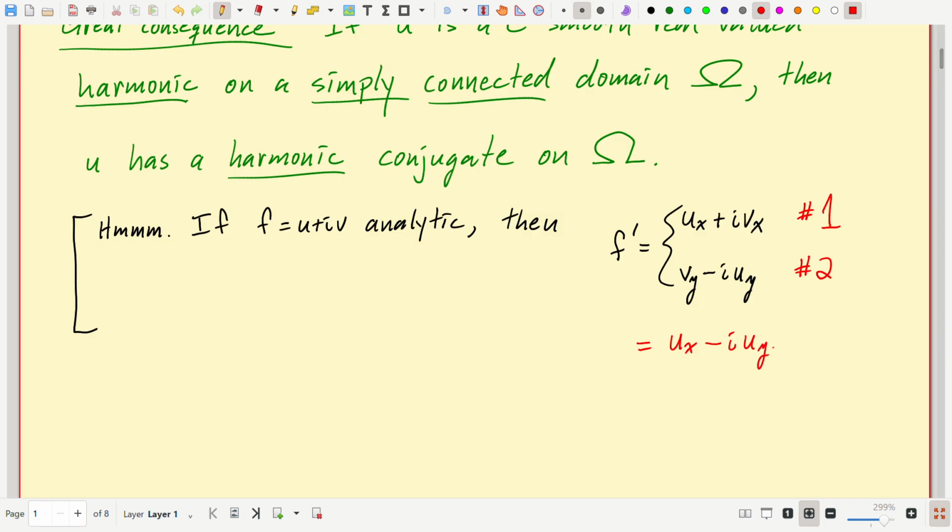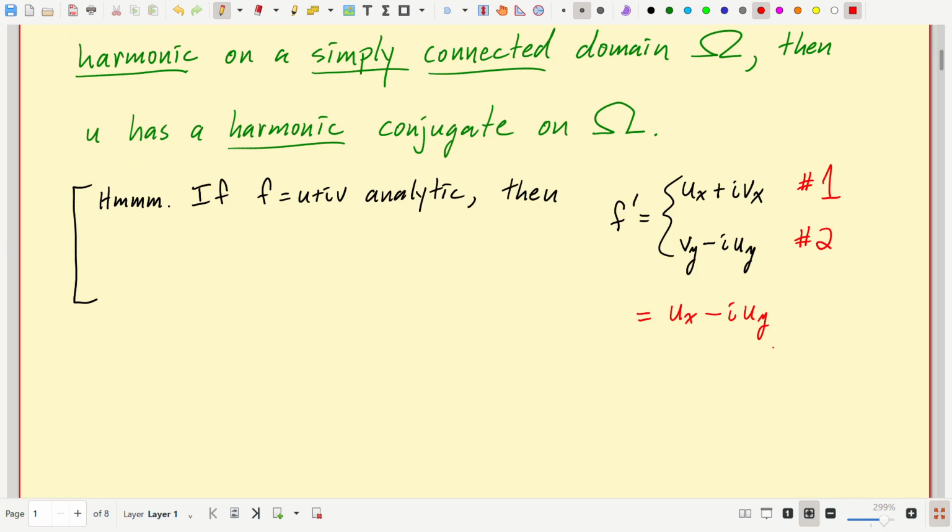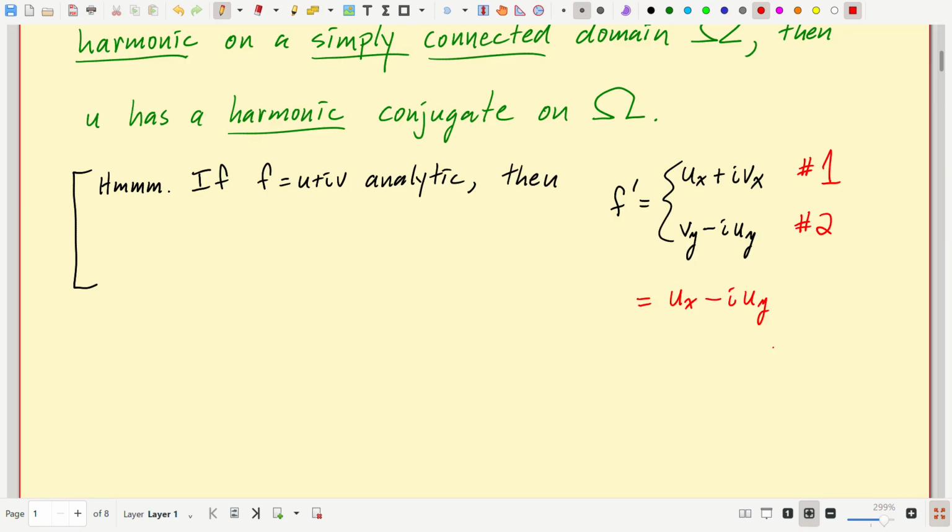So I'm using the top line to get the real part and the bottom line to get the imaginary part. And that's the thing I just talked about above. When you have a harmonic function, we know that that's analytic, independent of knowing if there's a v or not. So the aha is, we know this is analytic.